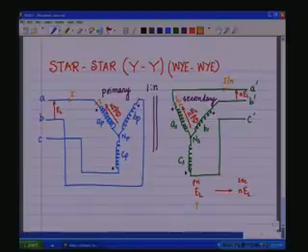And therefore, if you give I on the primary line, you land up with I by N on the secondary side. So, that would be the relationship between the primary and the secondary.